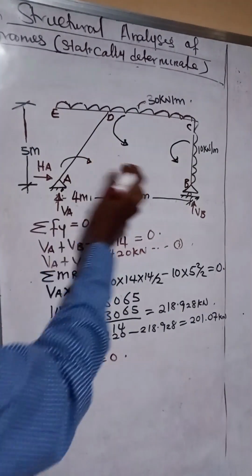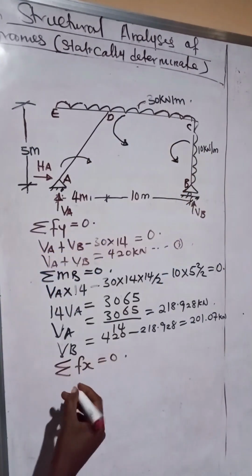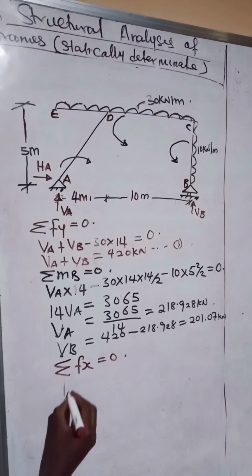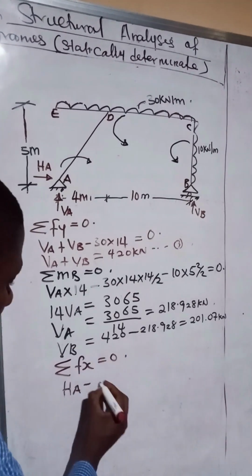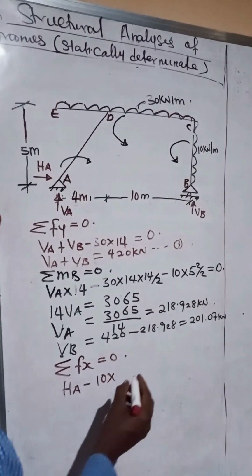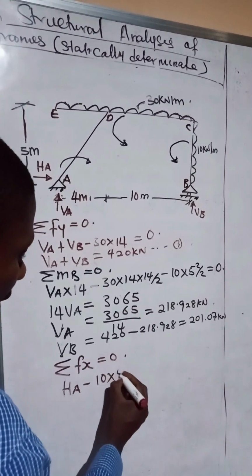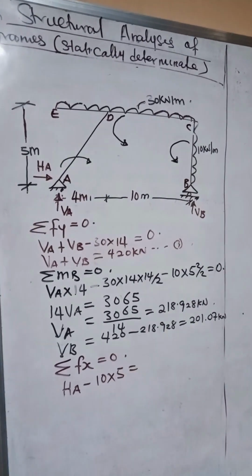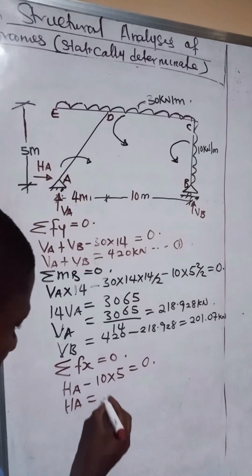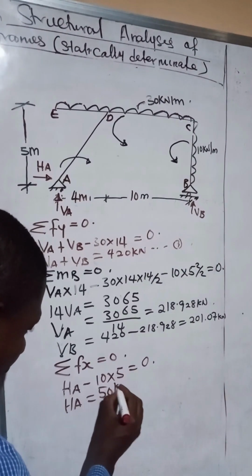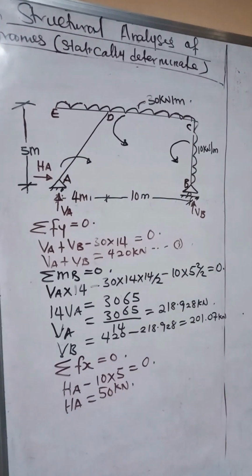So we have HA positive minus 10 times 5, this gives you 0. So we can now say that HA is 50 kilonewton. That gives us the value for the horizontal reaction.